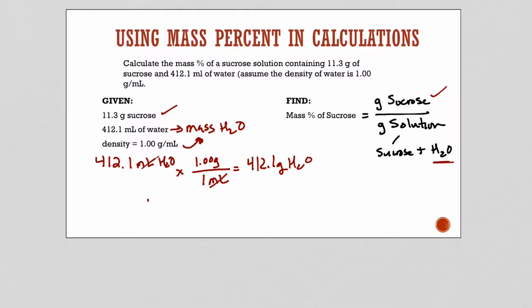And so my percent mass is going to equal my grams of sucrose divided by my grams of sucrose plus my grams of water.